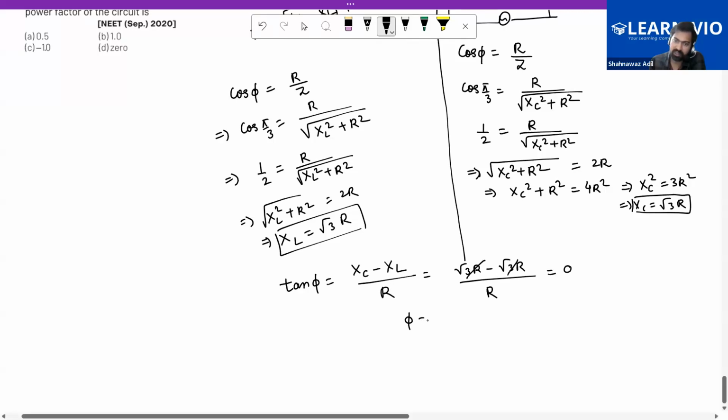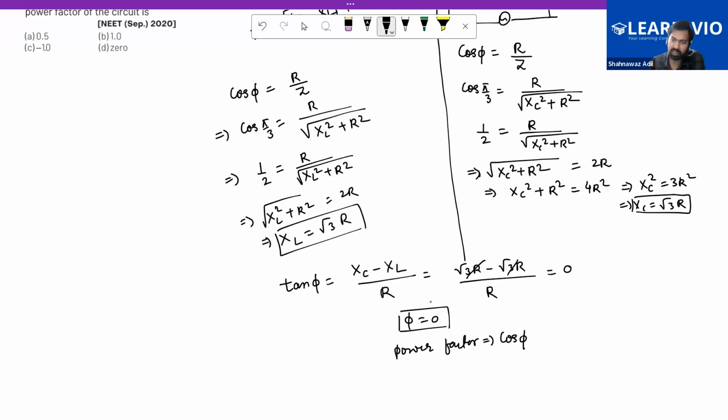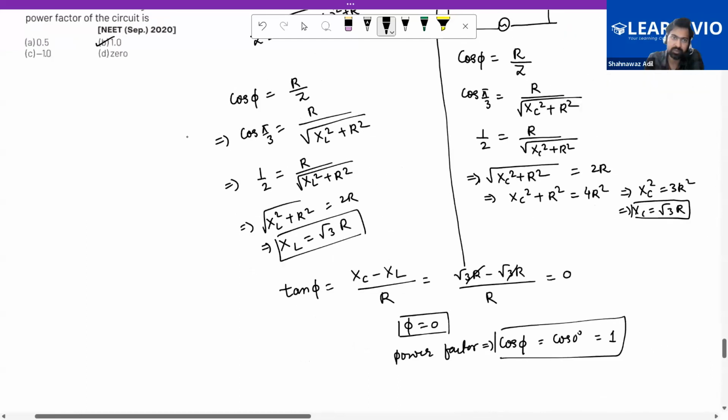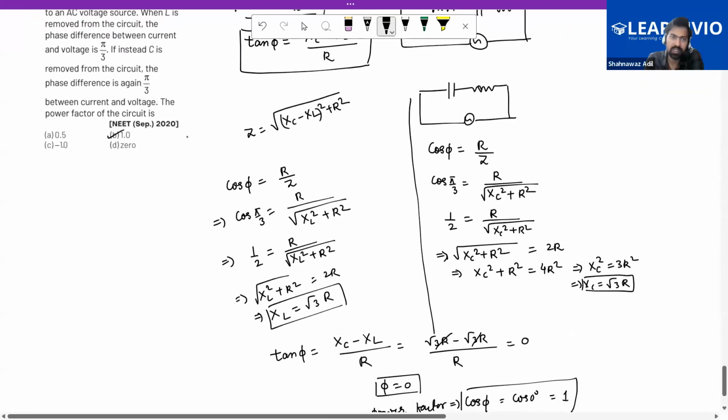So phi is 0, and the power factor is cos phi, that is cos 0, which is 1. So the power factor is 1. Is it clear, guys?